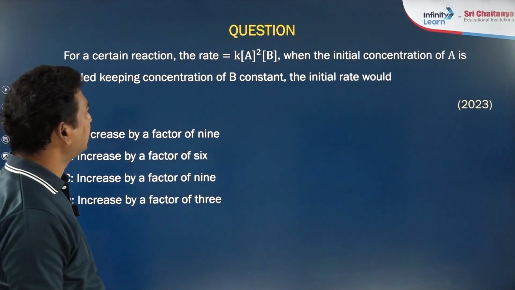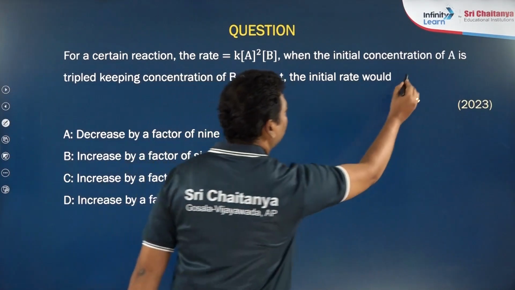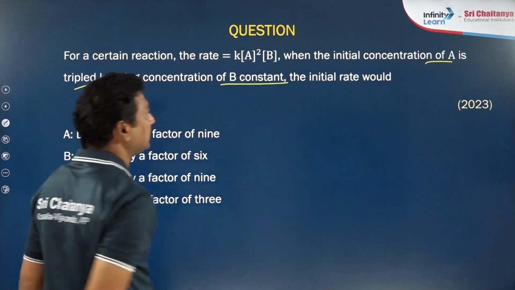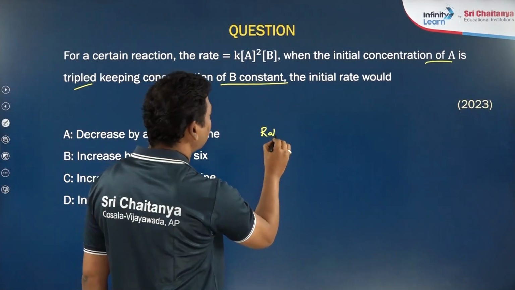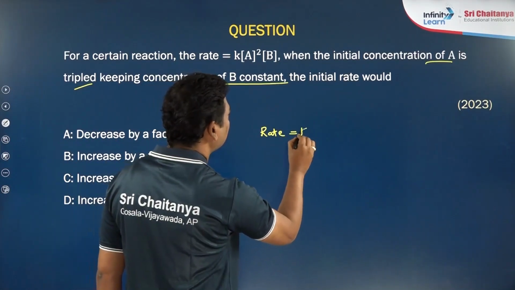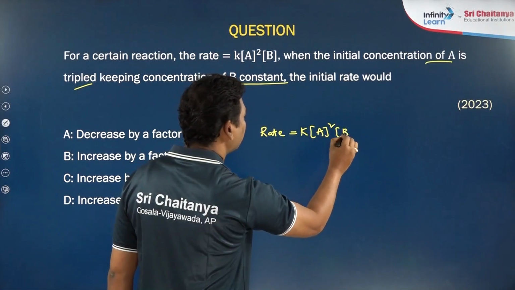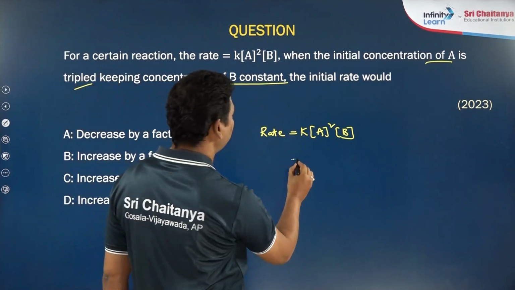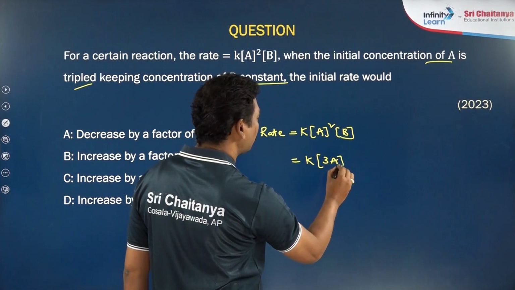Coming to the next one. For a certain reaction, the rate is K into A square into B. When the initial concentration of A is tripled, keeping the concentration of B constant, the initial rate would. My dear students, I am writing the rate expression. Rate is equal to K into molar concentration of A square into molar concentration of B. It is given that the initial concentration of A is tripled, so A becomes 3A, and we have 3A whole square.